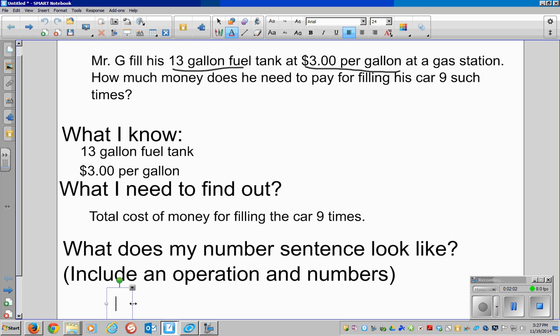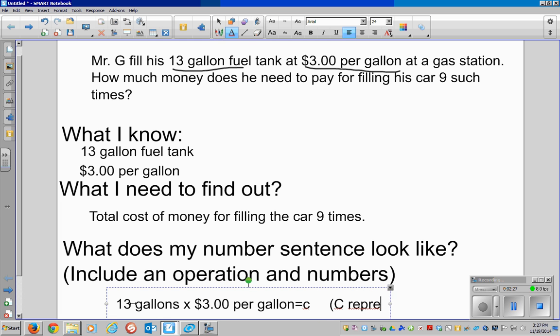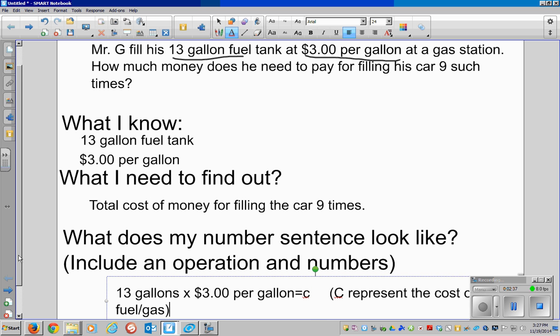And so, 13 gallons, the 13 gallons it takes to fill the tank, multiplied by $3 per gallon, is going to equal C. And again, C would represent the cost of the fuel, slash gas. So that's my number sentence.